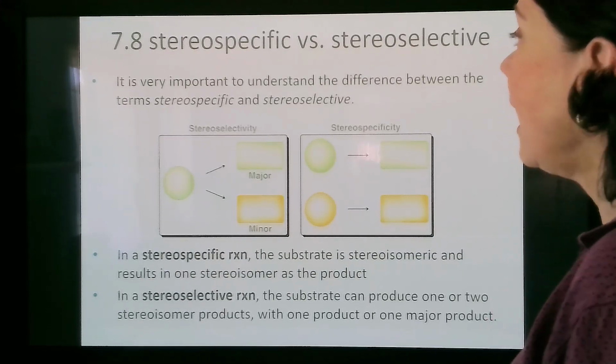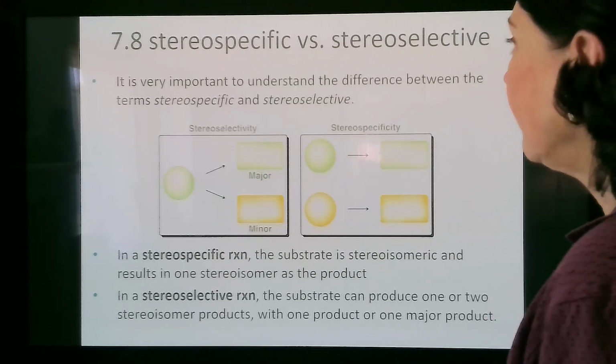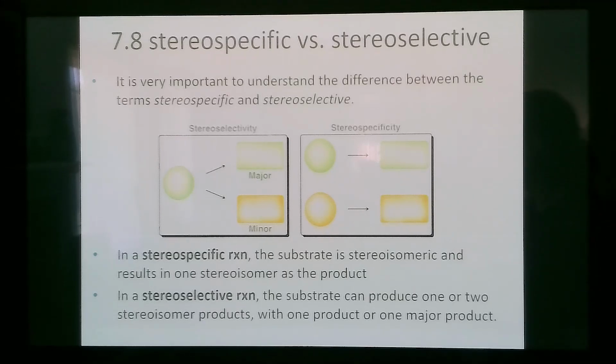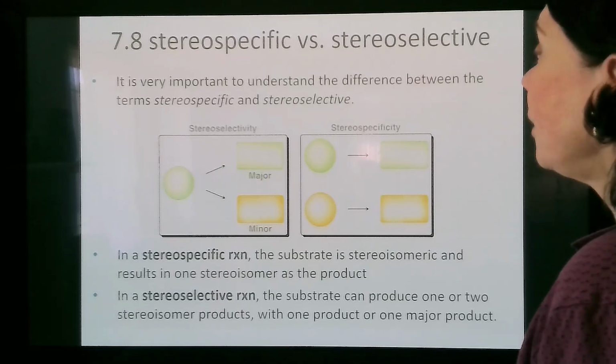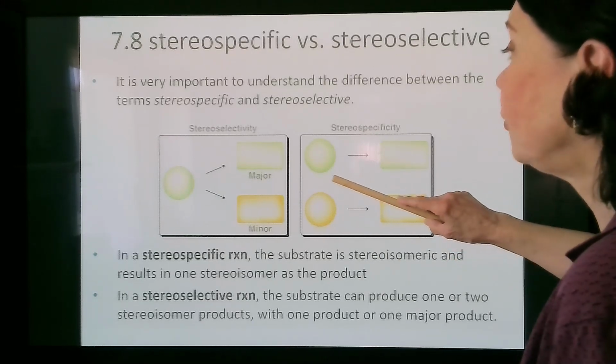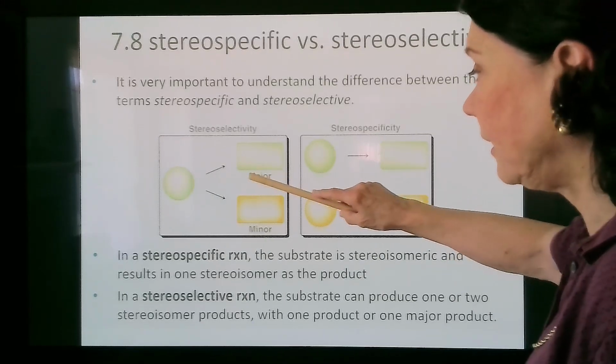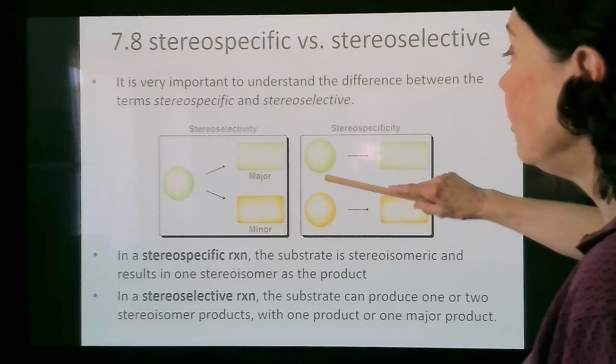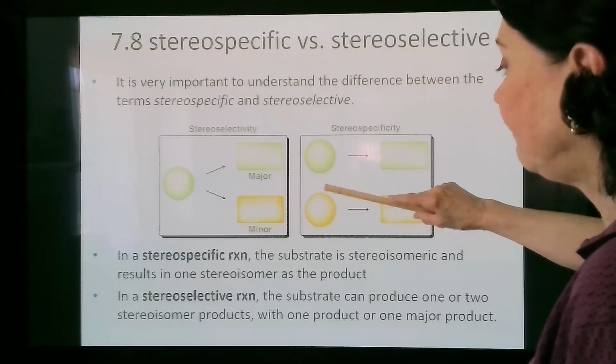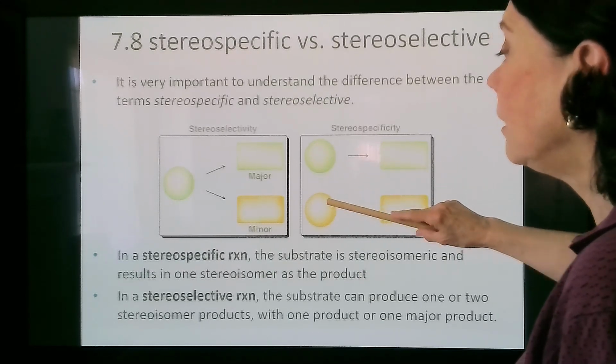So here we have stereospecific versus stereoselective. So the difference between stereoselectivity and stereospecificity: you're going to see stereospecificity and you're going to deal with it more.